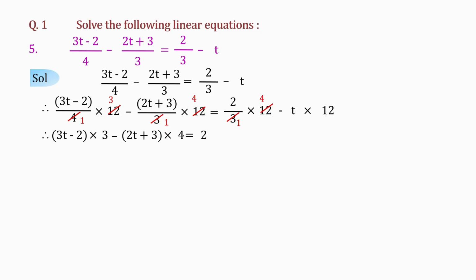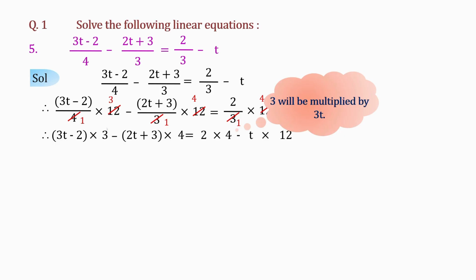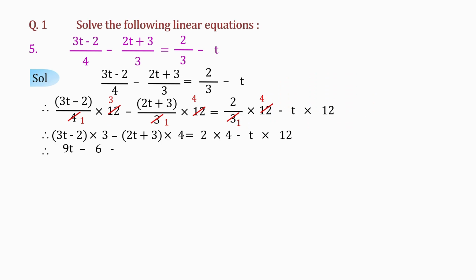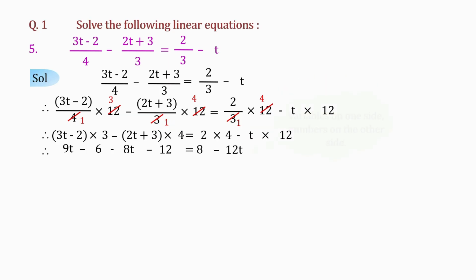So now let us solve this. We are going to open the bracket and multiply this. Now this bracket we are going to remove. Be careful about this sign, because 4 will be multiplied with 3 and there is a minus sign before the bracket, so that's why it will be minus 8 − 12t.